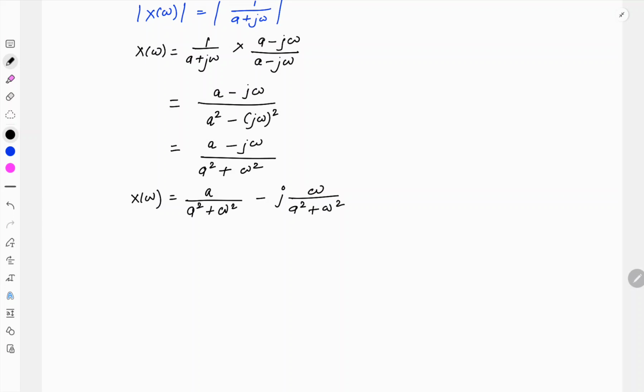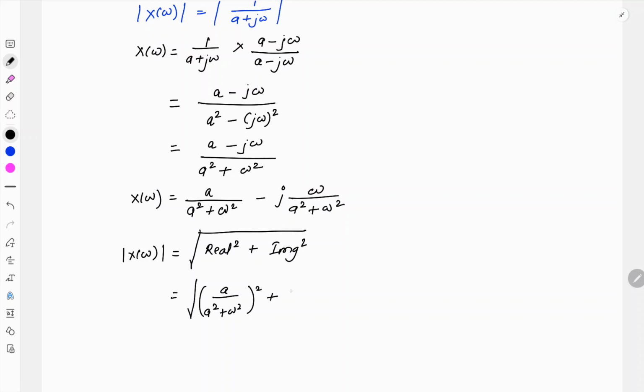And now we can find out the mod of X of omega. So here mod of X of omega is nothing but the square root of real term square plus imaginary term square, which is nothing but a upon a square plus omega square whole square plus omega upon a square plus omega square whole square.